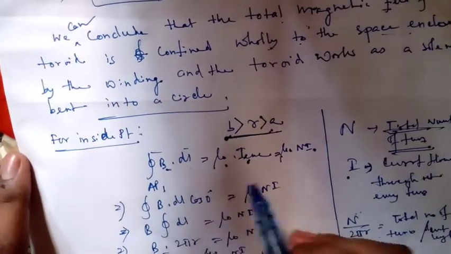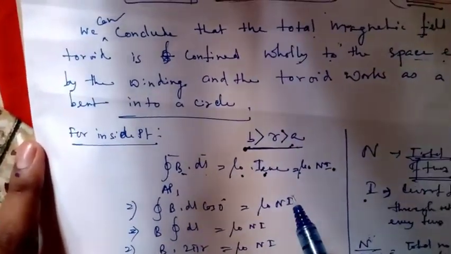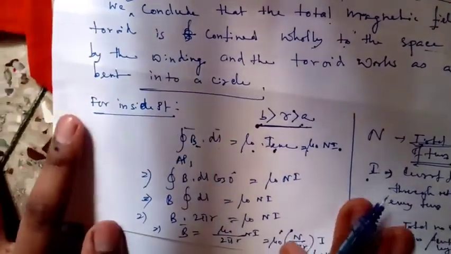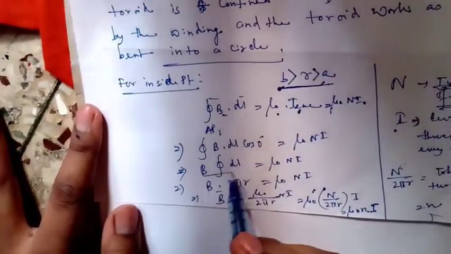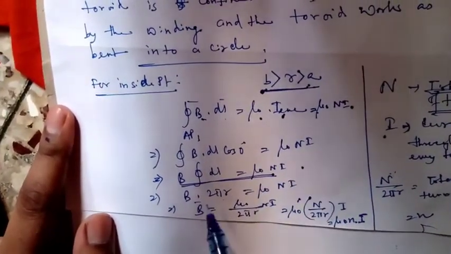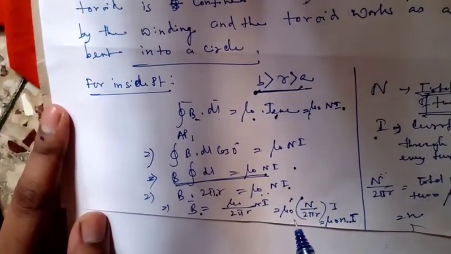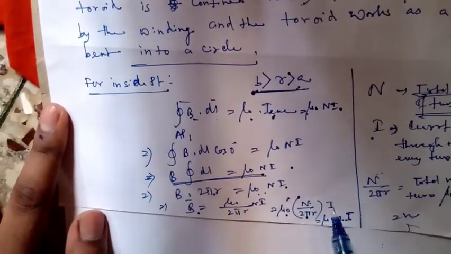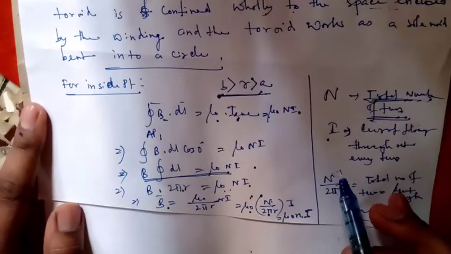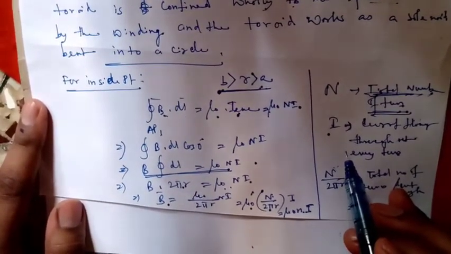Now we consider a circular amperian path, so the magnetic field makes 0 degree angle with dl, so B dl cos 0. Finally B can be taken out from the integration and we get B closed integral dl equal to mu 0 N I, that is B into 2 pi r equal to mu 0 N I, that is B equal to mu 0 times N by 2 pi r into I. Now N is the total number of turns and 2 pi r is the total perimeter of the amperian path, that is the length of the amperian path.